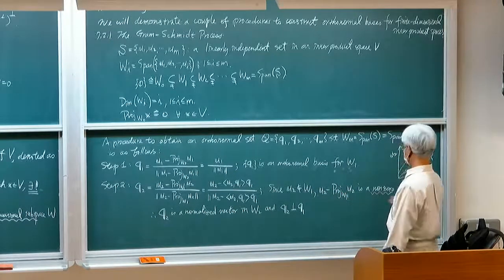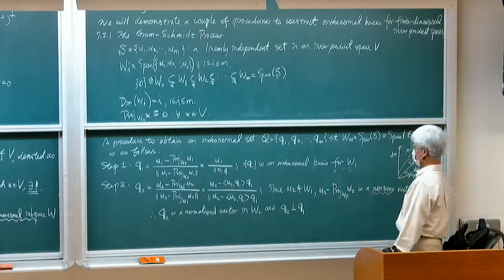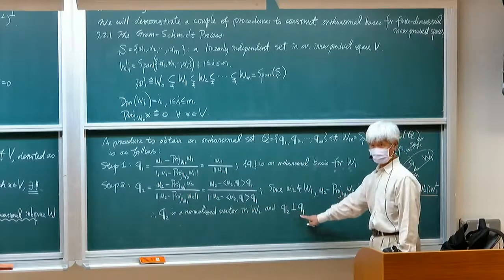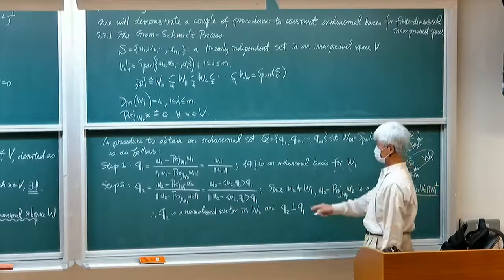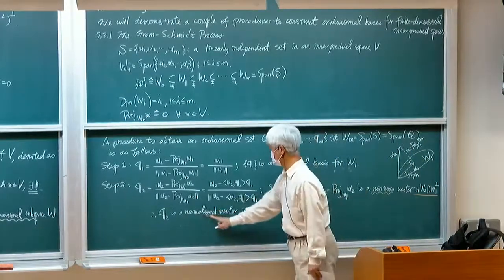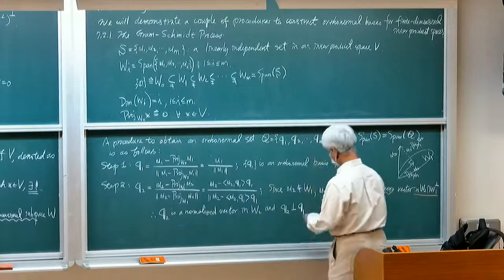Also this difference is in W1 perp, so Q2 is orthogonal to Q1 because Q1 is in W1. So Q2 is a normalized vector in W2 and Q2 is orthogonal to Q1.